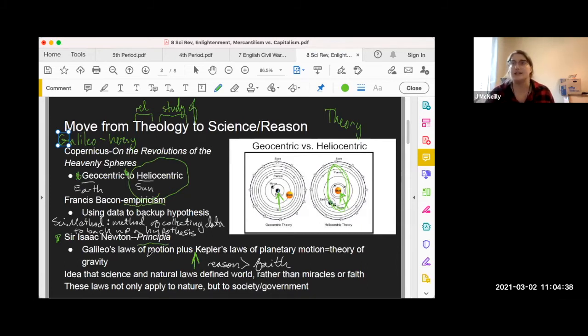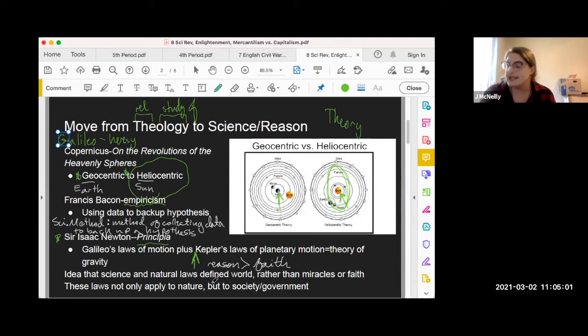It's subject to certain rules. And we can apply that not just to nature, but also to society and government. Let's figure out what the laws of society are, since the world is ordered and rational. And if we figure out the rules, then we can figure out a better society.